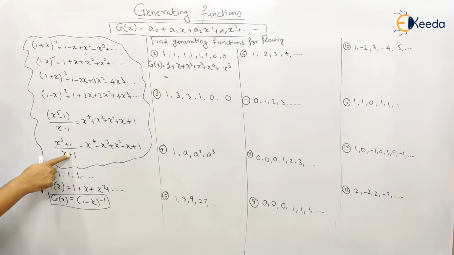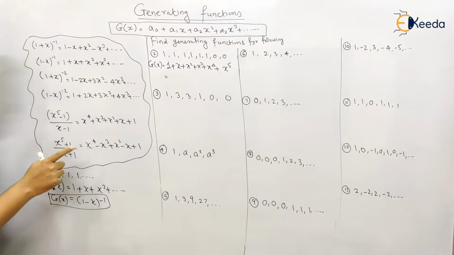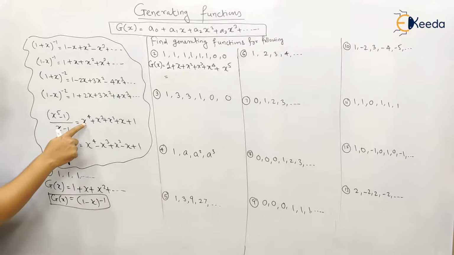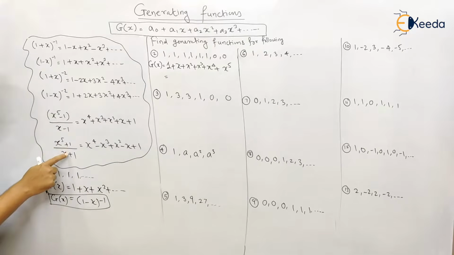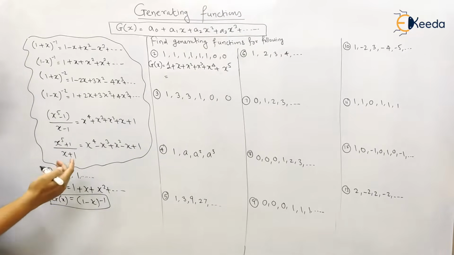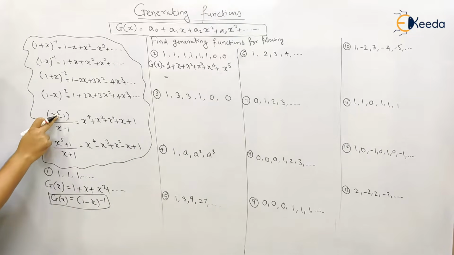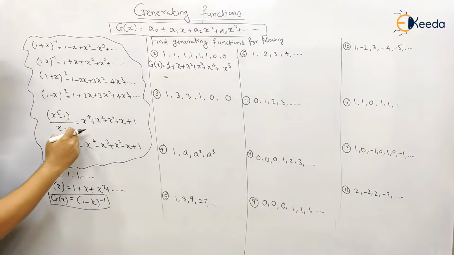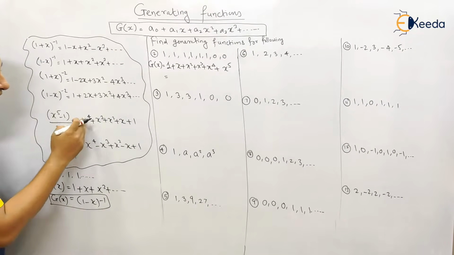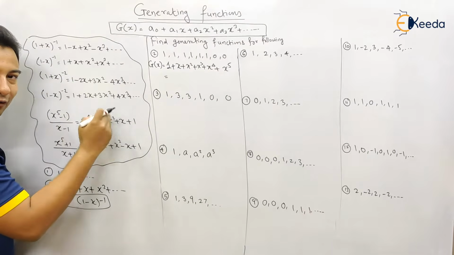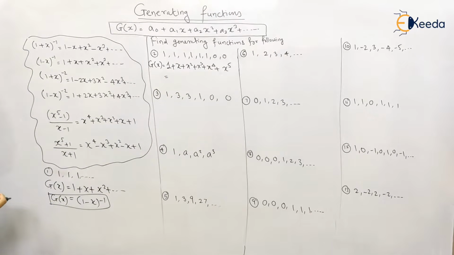If both are plus, then we have alternate plus minus. If both are minus, then everything will be plus. Suppose here it is 6 and both are minus, everything will be plus. Since it is 6, we go down from 5, 4 3 2 1 and x raised to 0.